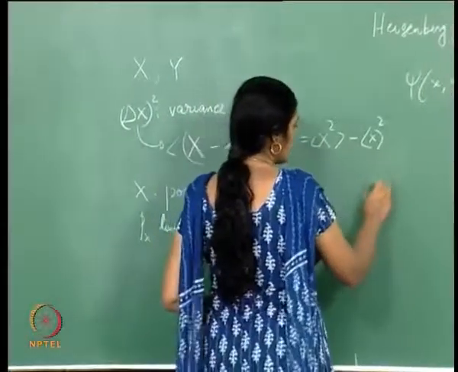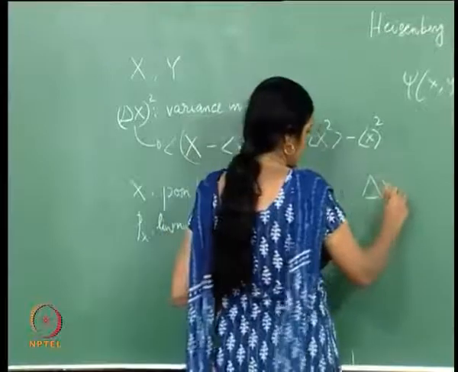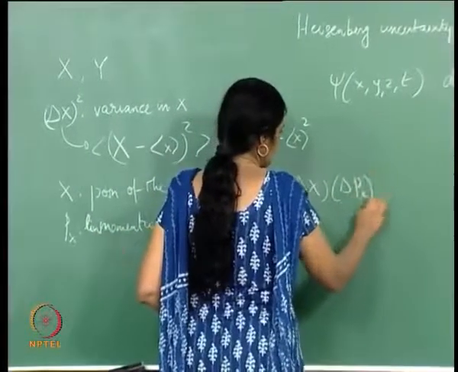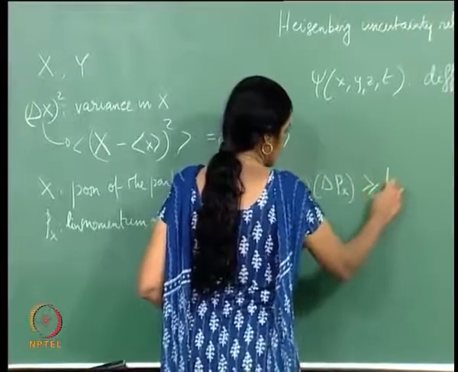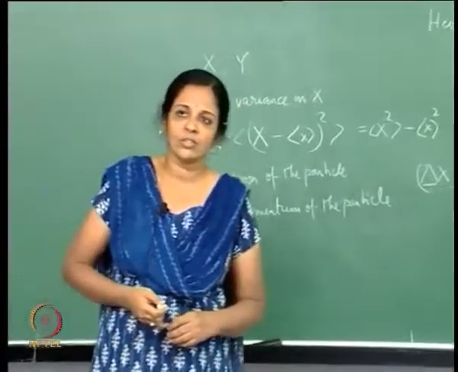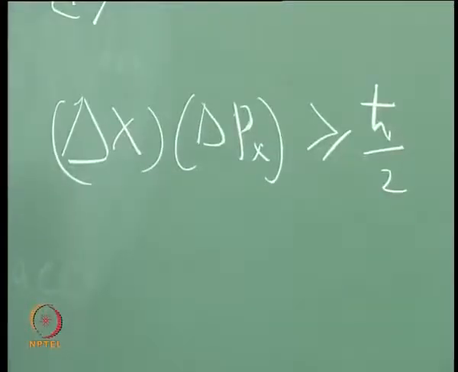The Heisenberg uncertainty principle in this context says that delta x delta p sub x should always be greater than or equal to h cross by 2, where h is the Planck's constant and h cross is h by 2 pi.